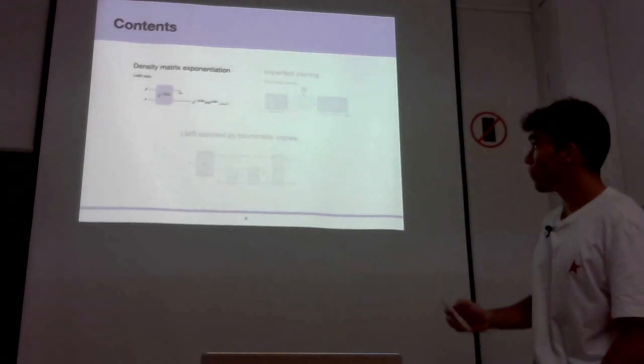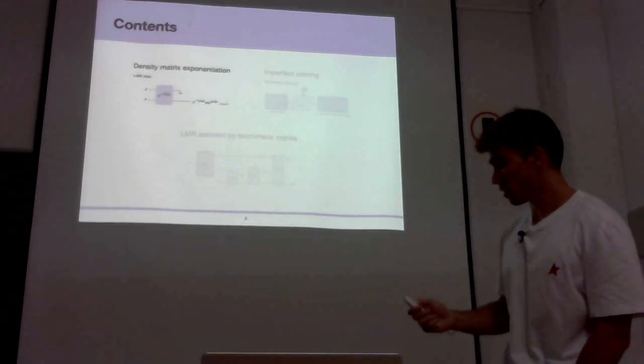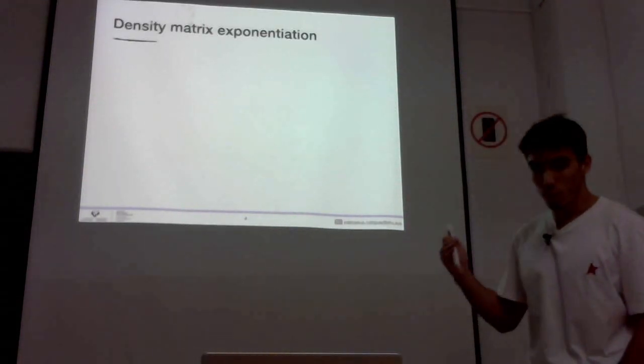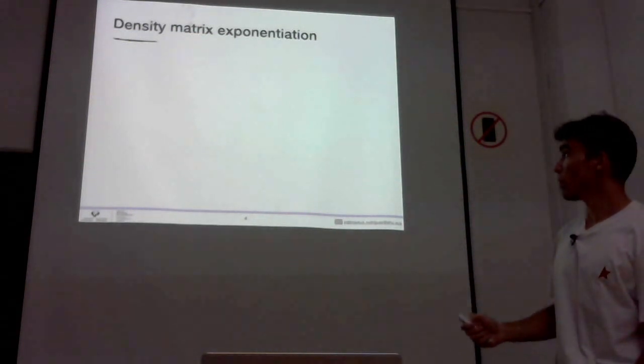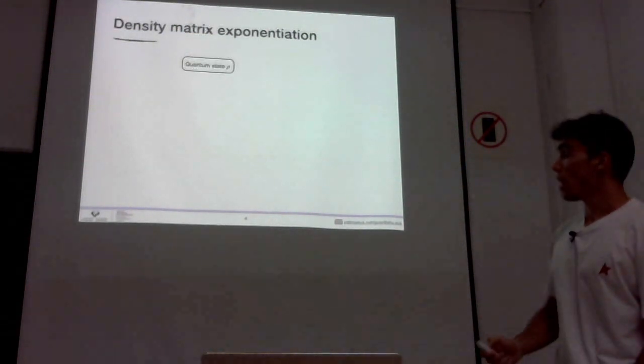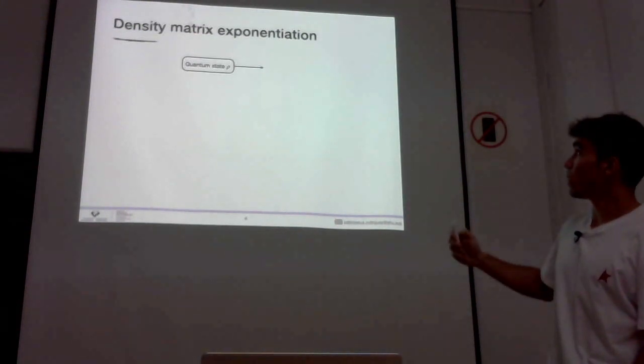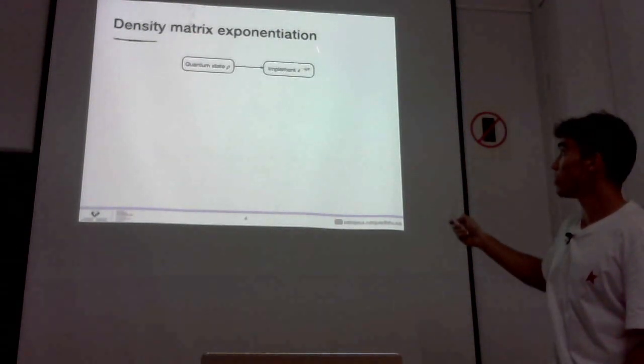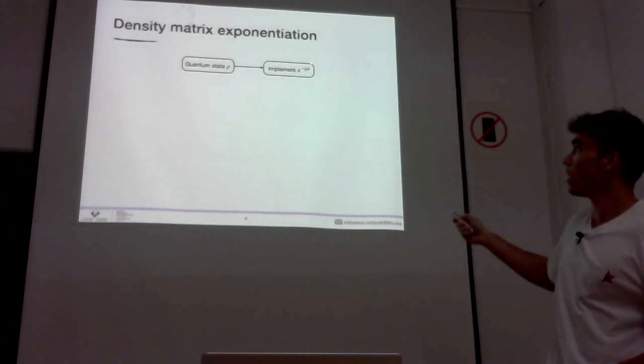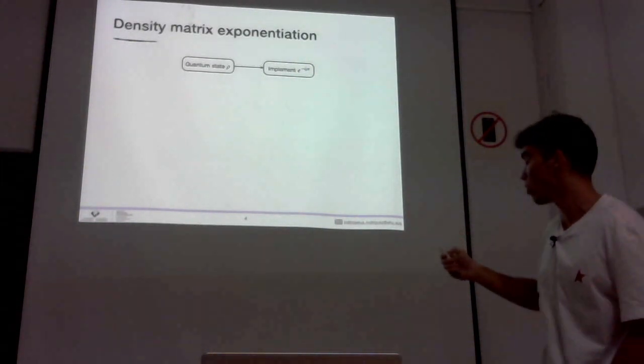So first of all, we will talk about this density matrix exponentiation. So what is density matrix exponentiation? Imagine that we have a quantum state rho, and we want to implement this operation here. So we want to have this unitary where somehow we are loading the information contained in this quantum state rho.